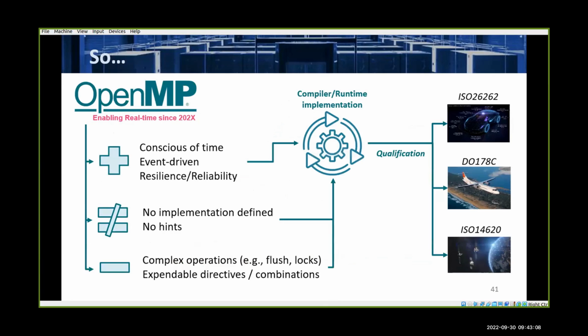And that's it. So OpenMP, enabling real-time since 2020 something maybe. We need things introduced in the OpenMP specification and implementation. We need OpenMP to be conscious of time. We need the event-driven model a little bit enhanced. And we also need some resiliency and reliability mechanisms.